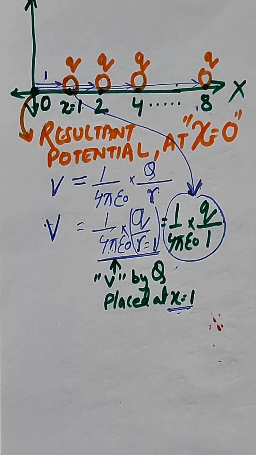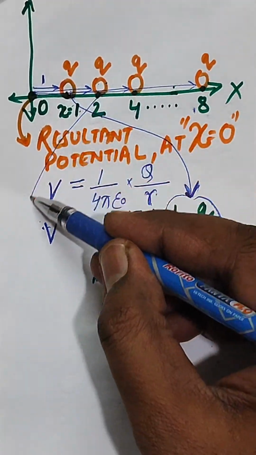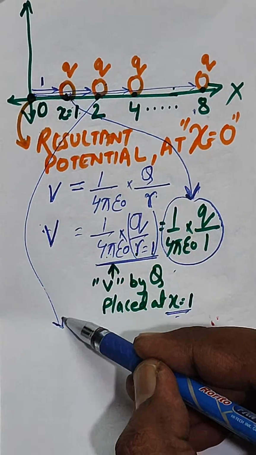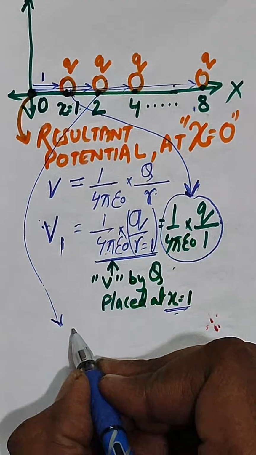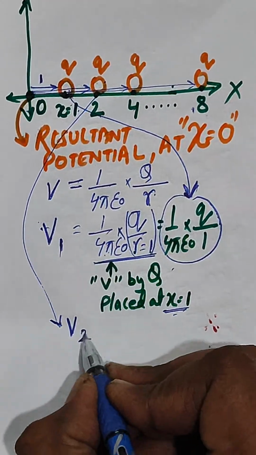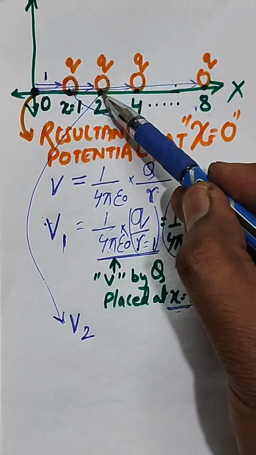Now similarly, the second one will also be generating some potential, and let us say the first is v1. What is v2? v2 means the potential generated at the origin by the charge placed at x equal to 2.